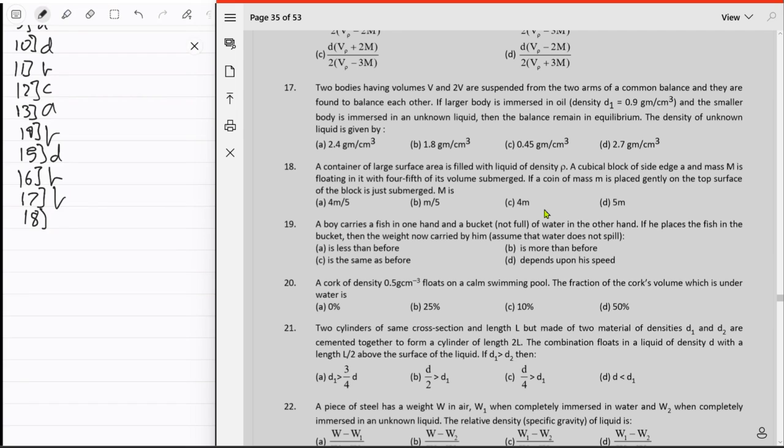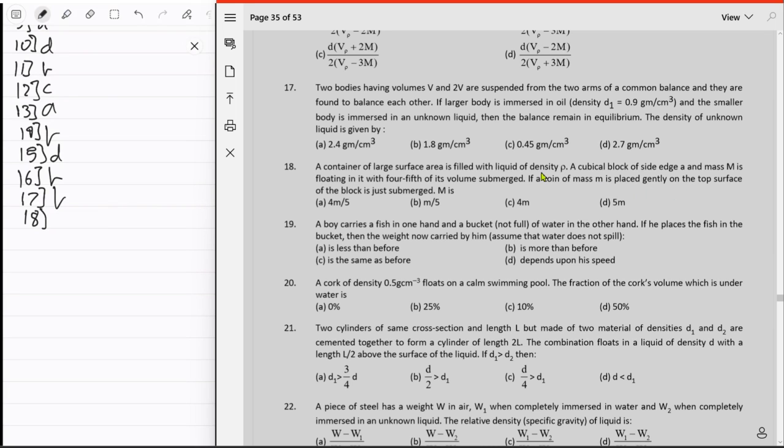If a coin of mass m is placed gently on the top surface of the block, the top surface of the block is just submerged.